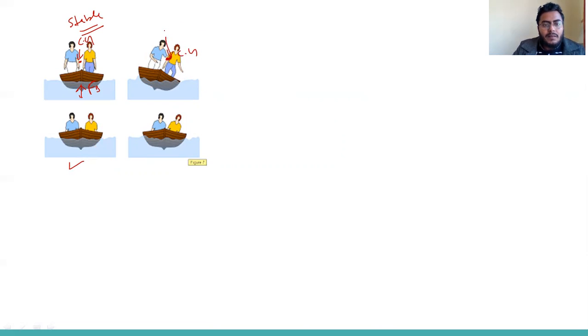So what will happen? Suppose the total weight acts on this CG, so they will feel a moment, and that is not stable. This boat cannot be stable. This is an unstable condition.